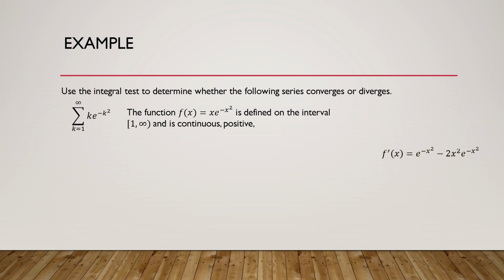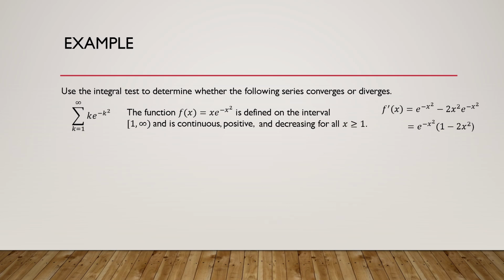If we take the derivative of f, we get e to the negative x squared minus 2x squared e to the negative x squared, or simplified as e to the negative x squared times the quantity of 1 minus 2x squared. On the interval 1 to infinity, this will always be negative, so the function is decreasing for all x greater than or equal to 1.